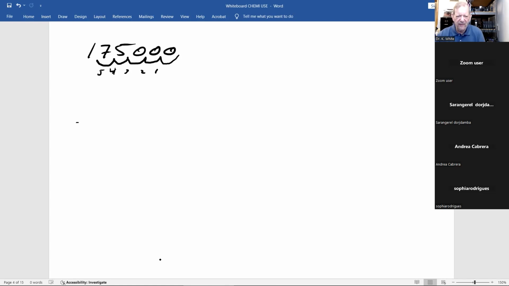Zeros at the end when there's no decimal like this are dropped. So this would be 1.75. It's greater than 10, so it's 10. How many times do we move it? 5, 10 to the fifth. And that's how you do it. And you should know how to do this.